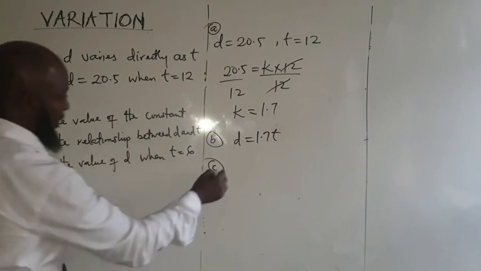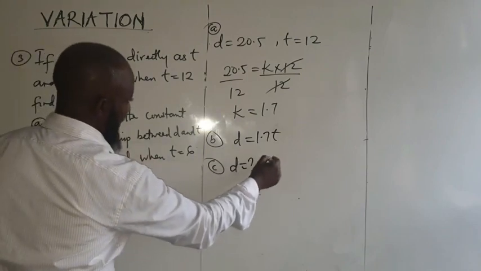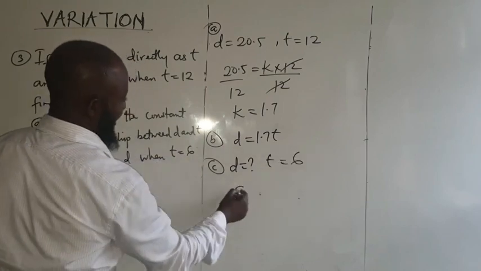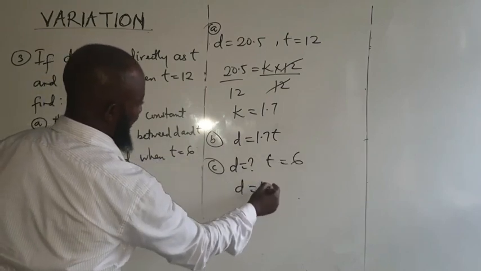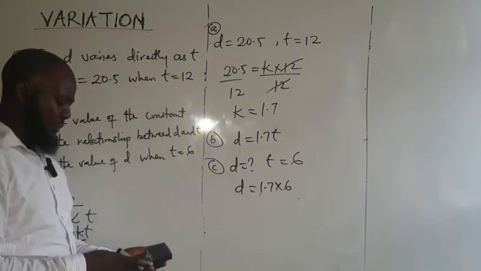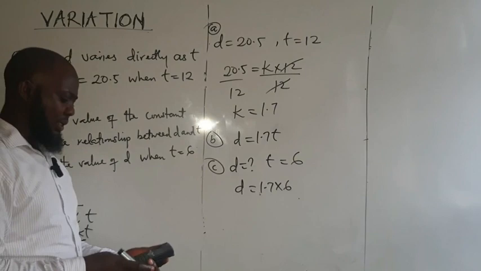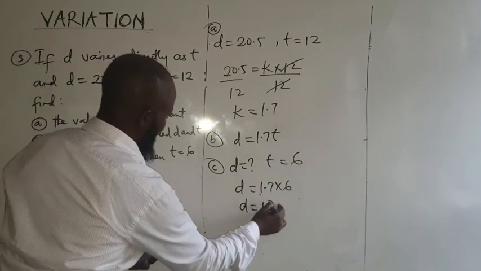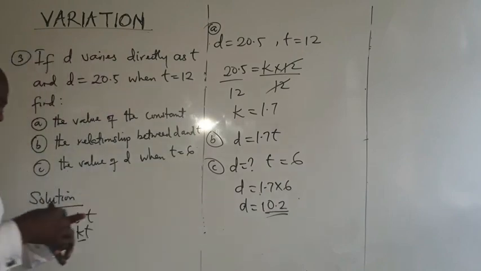So we are looking for D, which we don't know. T equals 6. So D equals 1.7 times 6. So 1.7 multiplied by 6 gives us D equals 10.2. I hope this is very clear.